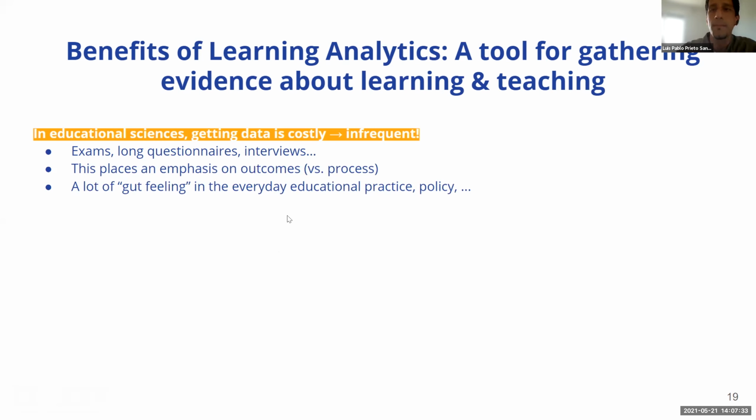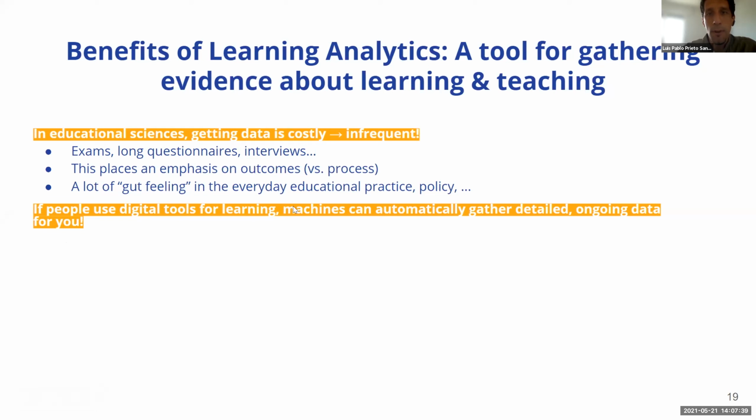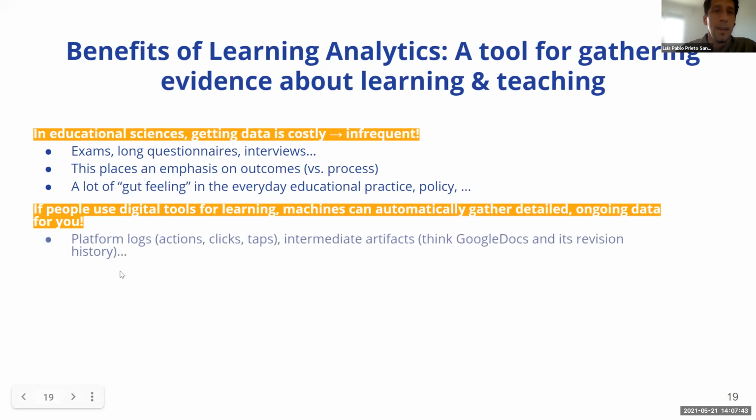But then people realized that if people use digital tools for learning, machines can automatically gather detailed ongoing data for you. This includes actions in the platform, clicks, taps, whatever, but also the intermediate artifacts.